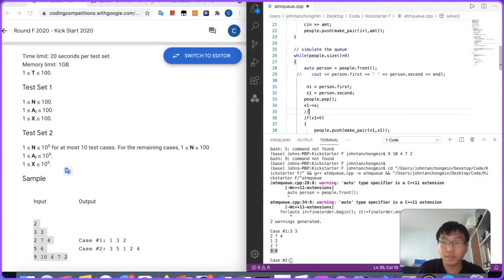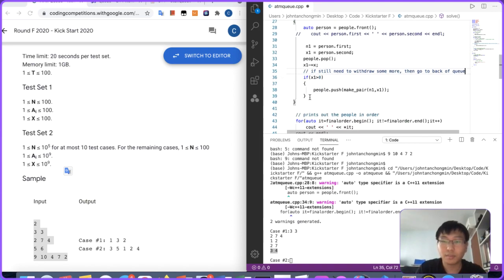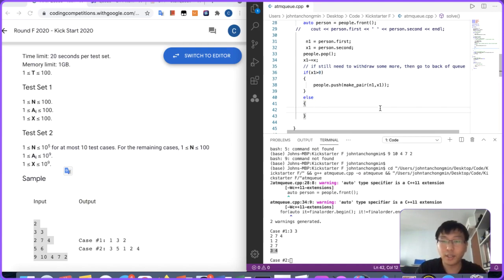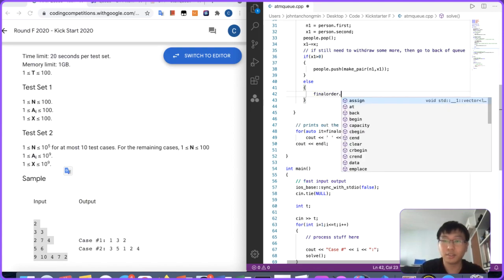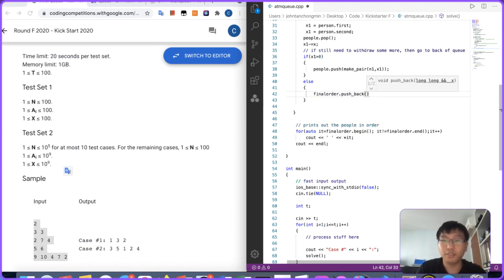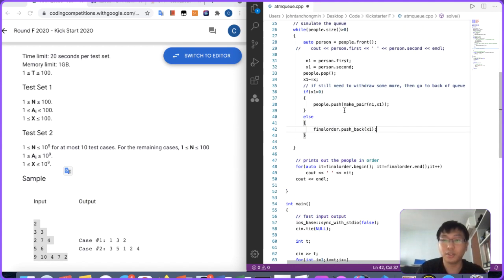If still need to withdraw some more, go to back of queue. Otherwise, the person is done and we put the number in the final order. I don't think this is very efficient, but let's see how it goes.